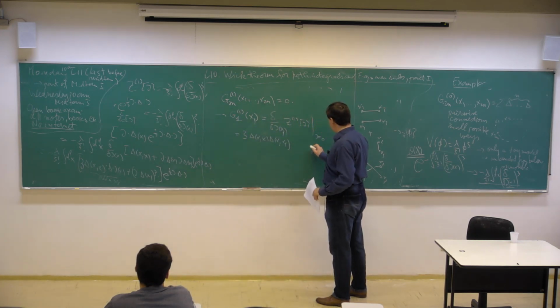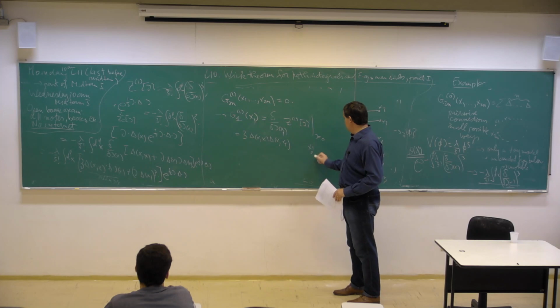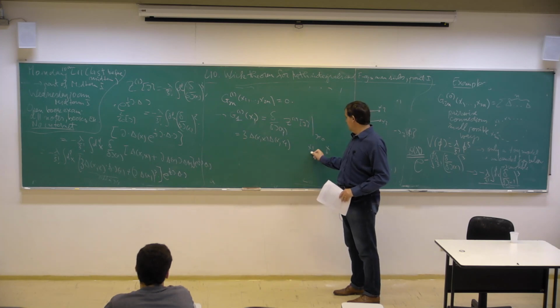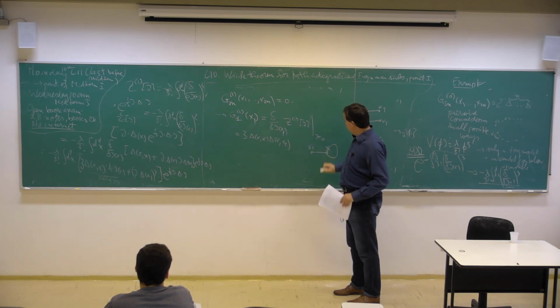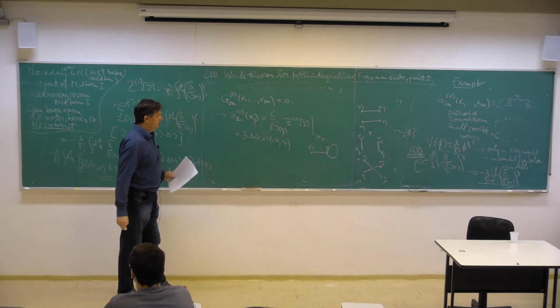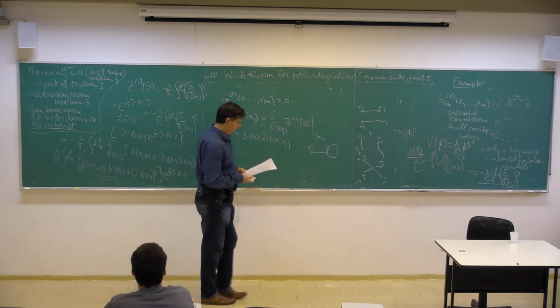So there's this external point x1, and then a point x that's integrated over. Right? So there's a delta between x and x1, and then a delta between x and x. Right? So that's my Feynman diagram.